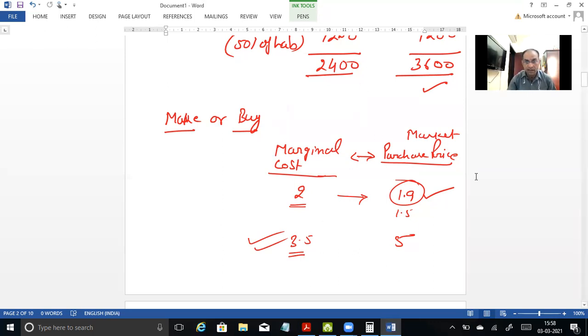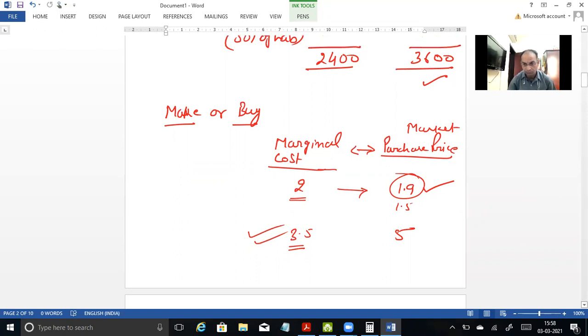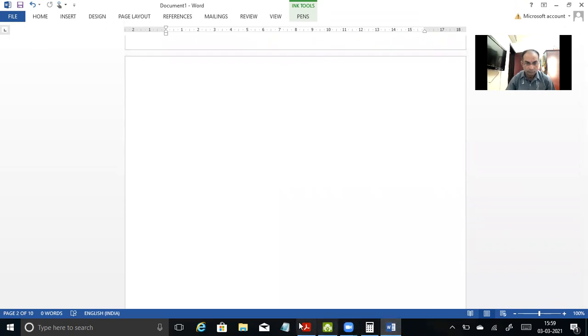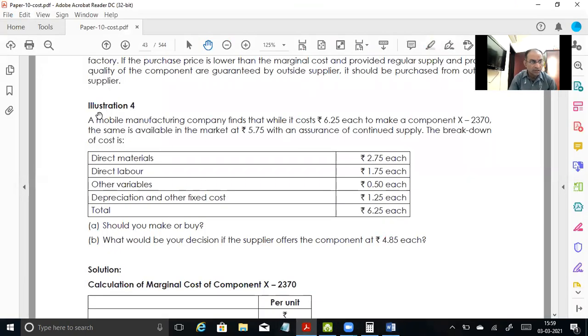So now we will see our question, what is given here. They say a mobile manufacturing company finds that it costs 6.25 rupees each to make a component, and the name of the component is X2370.